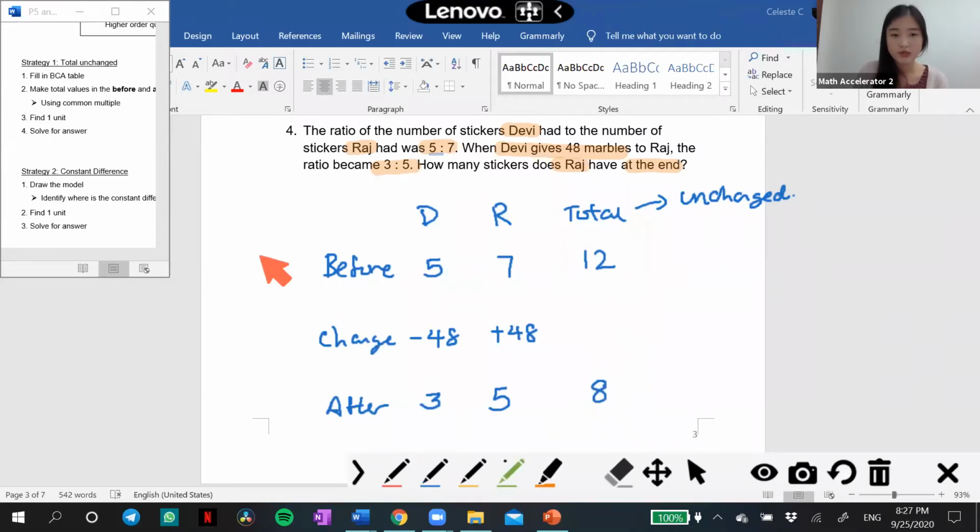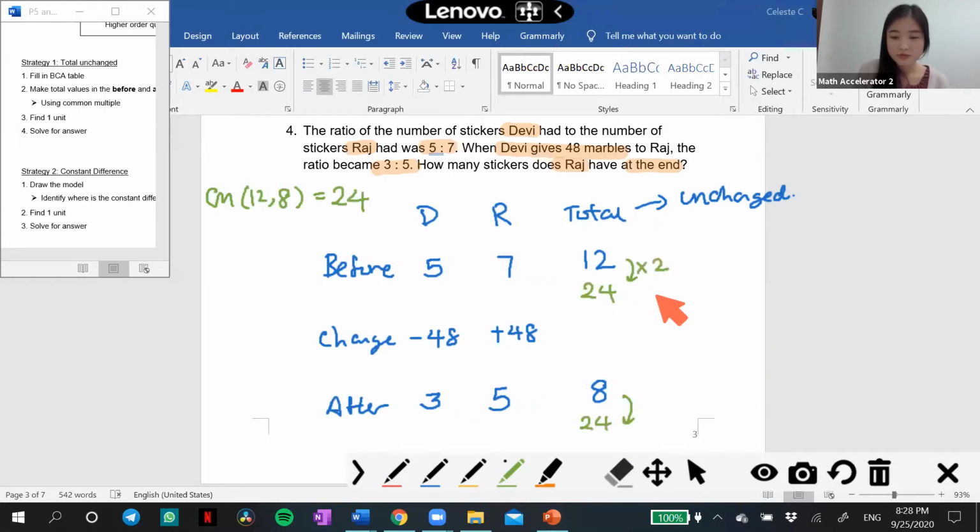We have to make it equivalent. Common multiple of 12 and 8. Okay, Nabil. 24. Okay, 24. Correct. So let's change it to 24.